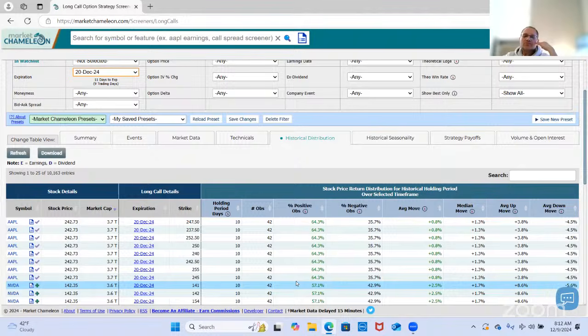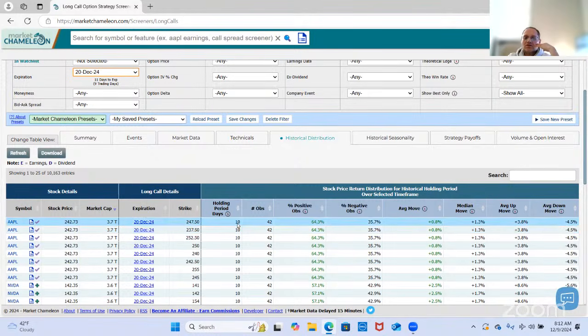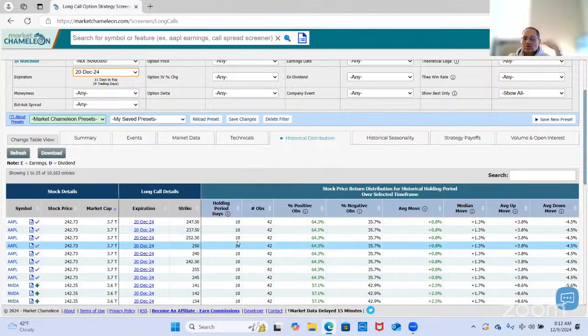So let's go back over here, historical distribution, and let's look at Apple's historical moves, right? And here we see that given this expiration, December 20th, we have a 10-day holding period, 10 days of trading days. Historically, let's look at that scenario.